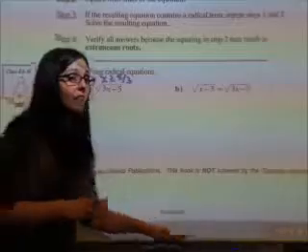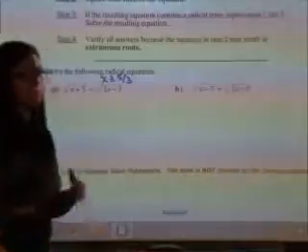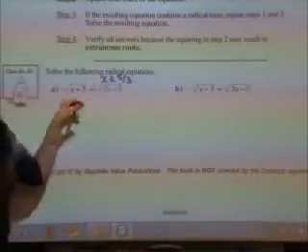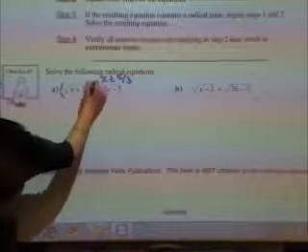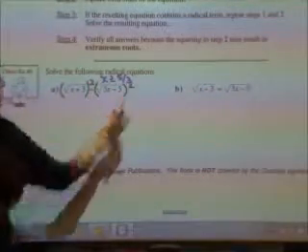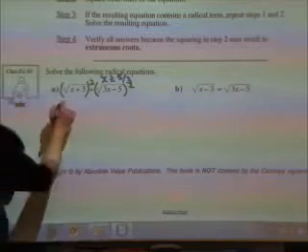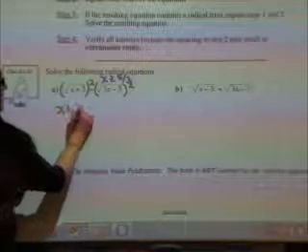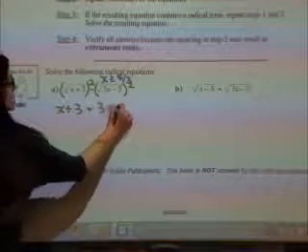So now that I have my restriction, I have a radical on both sides of the equation. To get rid of the radical, I square. What I do to one side, I do to the other, so I square both sides of the equation. And I've got x plus 3 equals 3x minus 5. So the idea is to get the x's on one side so that I can isolate them.